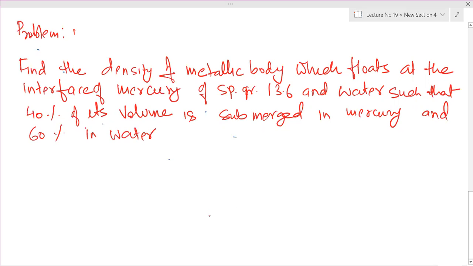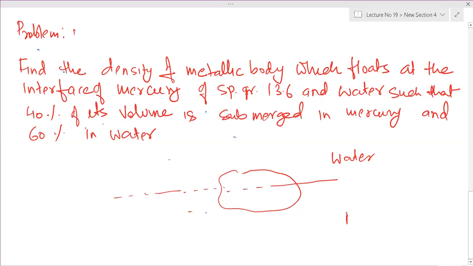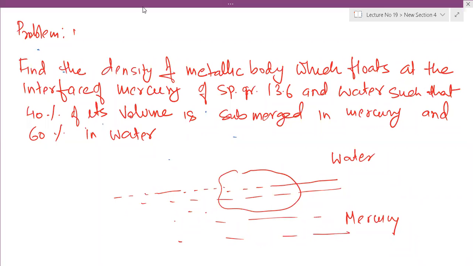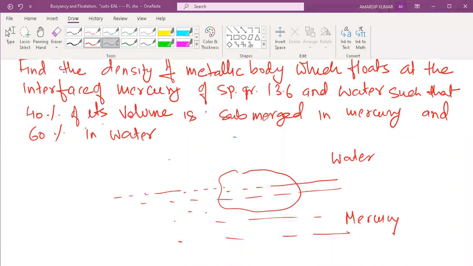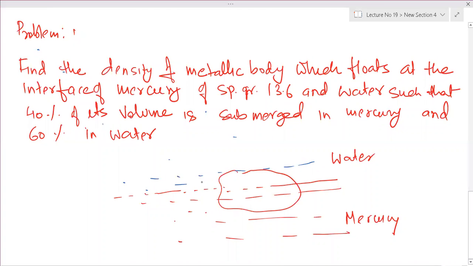Okay, please solve this. So you have an object and 40% of its volume is submerged in mercury. Mercury is heavier, so this is your mercury part. This is your interface, this is your water and this is your mercury. It is fully submerged.